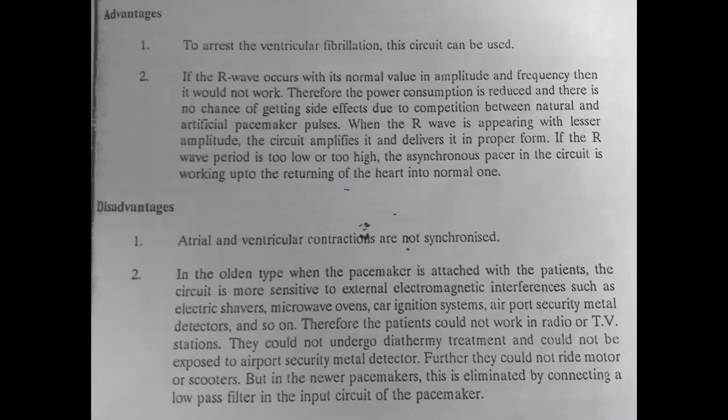Normally there is synchronization between the atrial pulses and the ventricular pulses, or the contraction of the atrial cells and the ventricle cells, but our pacemaker does not consider that. It just sends the impulses to the heart.